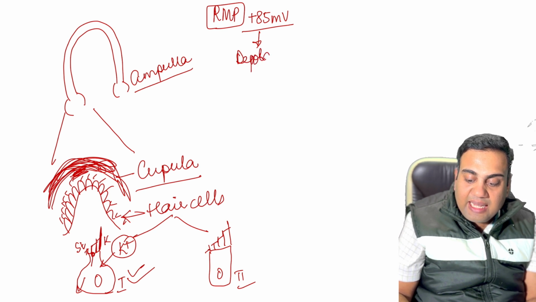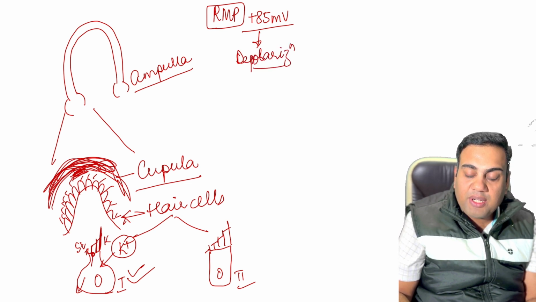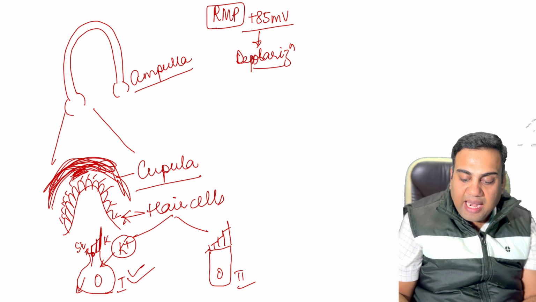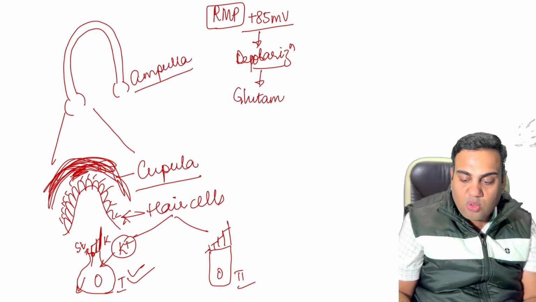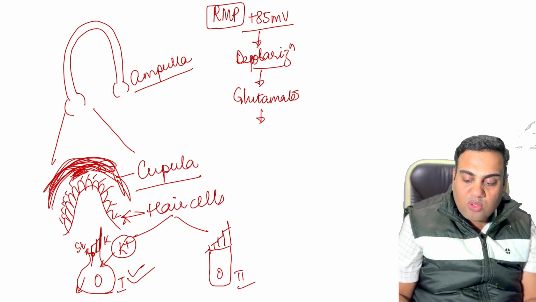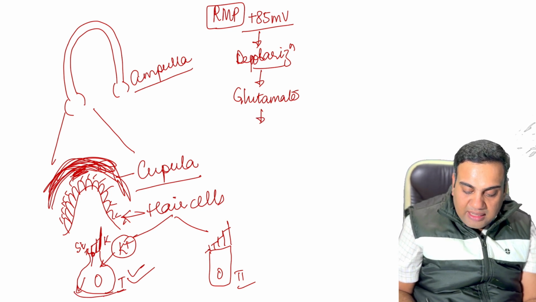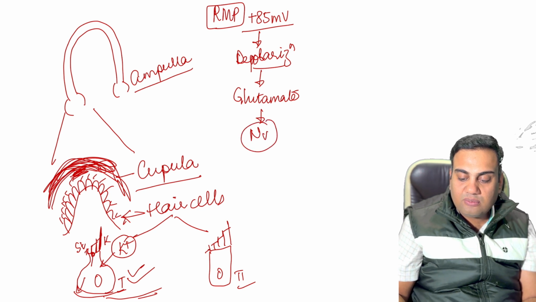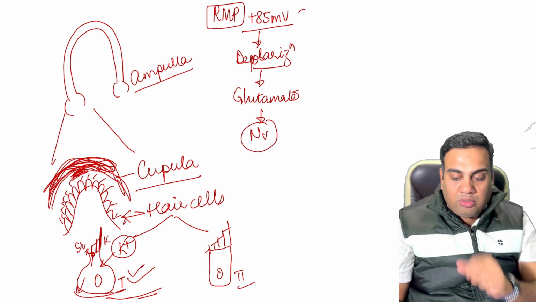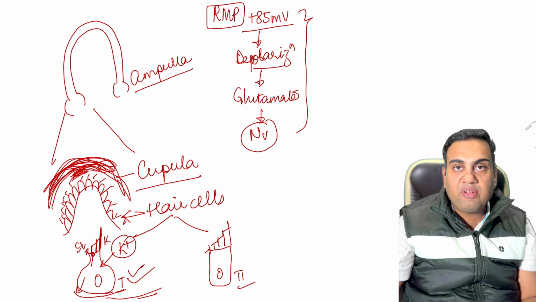That means excitation of that particular cell, right? And that excitation is going to release a neurotransmitter which is called as glutamate, and this glutamate is going to take the impulse along the vestibular nerve. All right, so this is how it will occur.